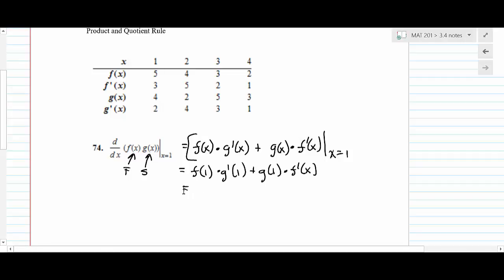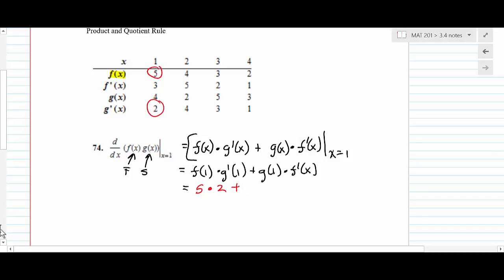Now what you've got to do is just look at the table and look everything up. So f of 1, well, let's see. Here's f of x, there's 1. f of 1 is going to have to be 5. That's what goes there. g prime of 1, well, here's your row for g prime. There's 1. So the value of the derivative of g is going to be 2.